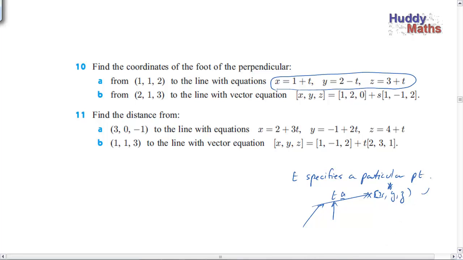You don't know what that point is, so you let it be 1 plus t, 2 take t, 3 plus t. All right, get the idea. You could change the parameter there to s. If you're talking about two different lines within the one problem, you'd use a different parameter. We'll come across that later on. So have a go at these two.